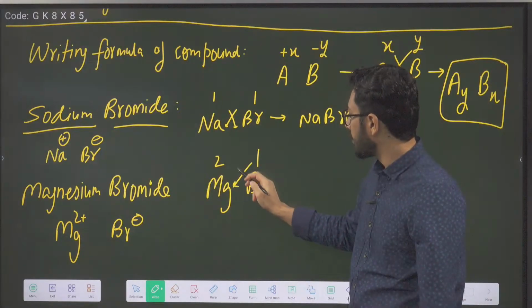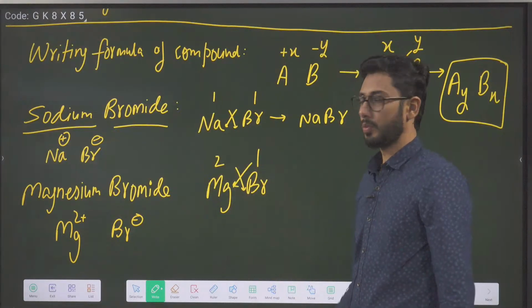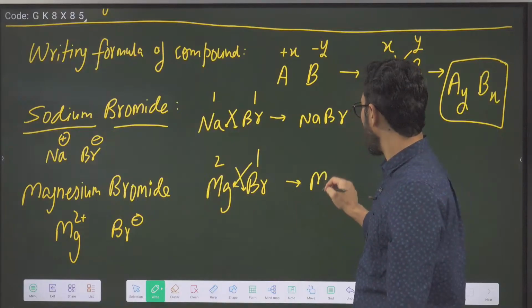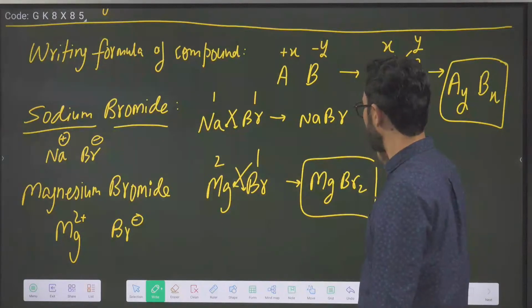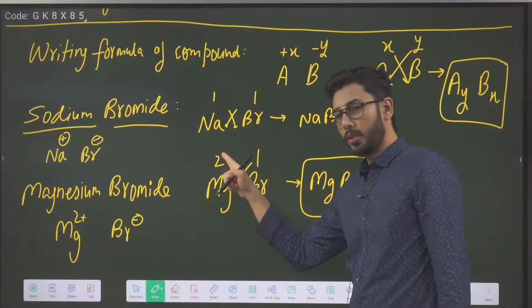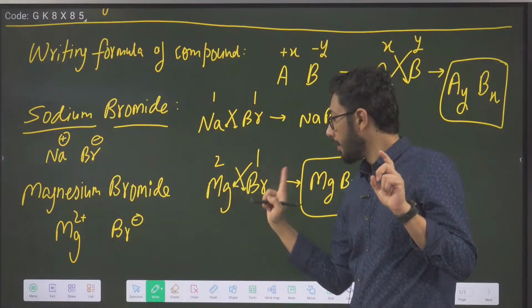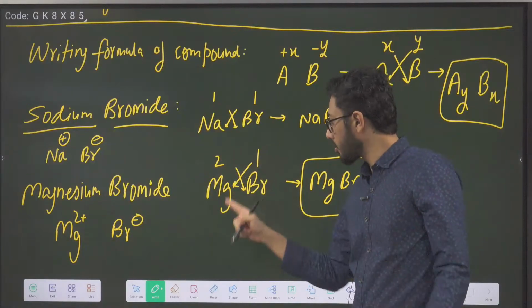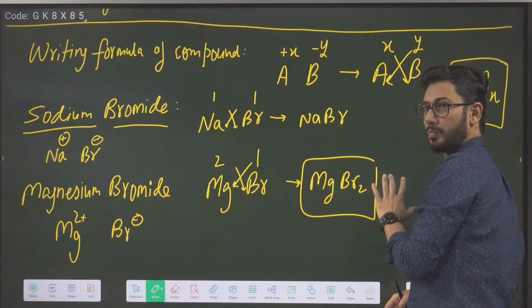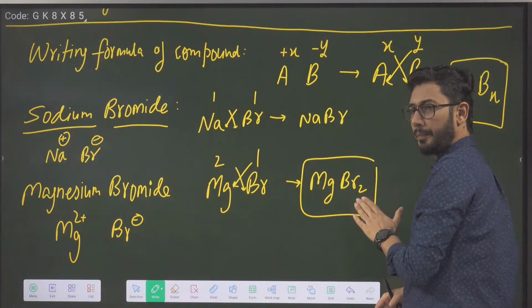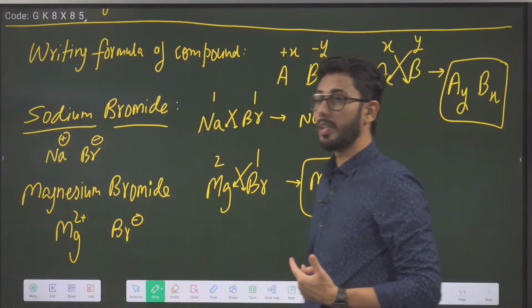And then what does it become? MgBr2. Getting it? Mg 2 plus net charge written, Br minus 1 net charge 1, crisscross method, Mg1 Br2. Clear? This is how we are going to write the formula.